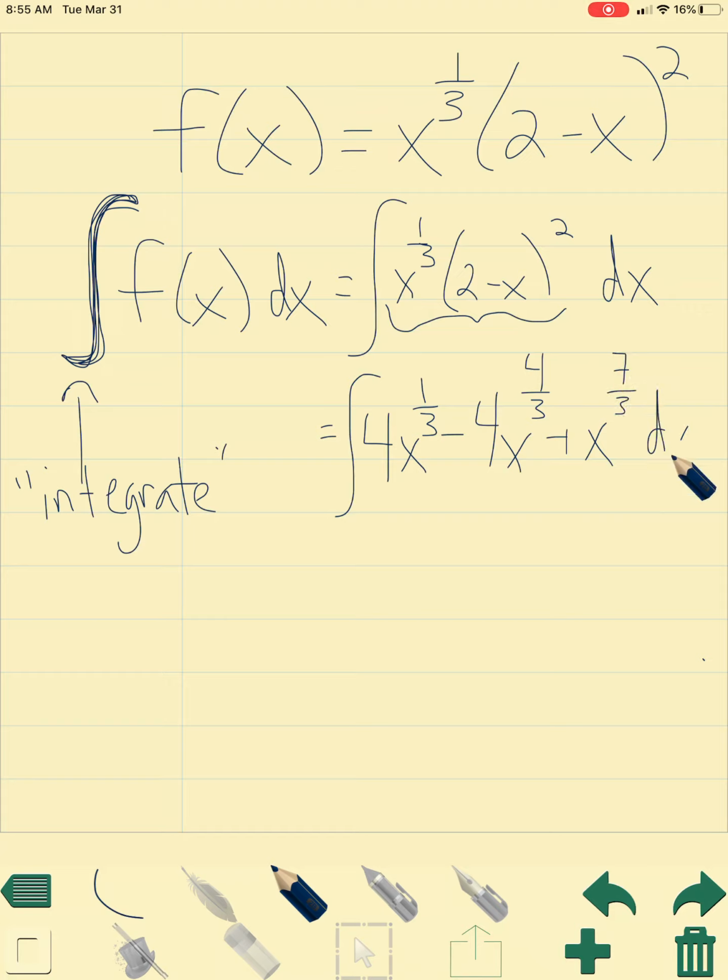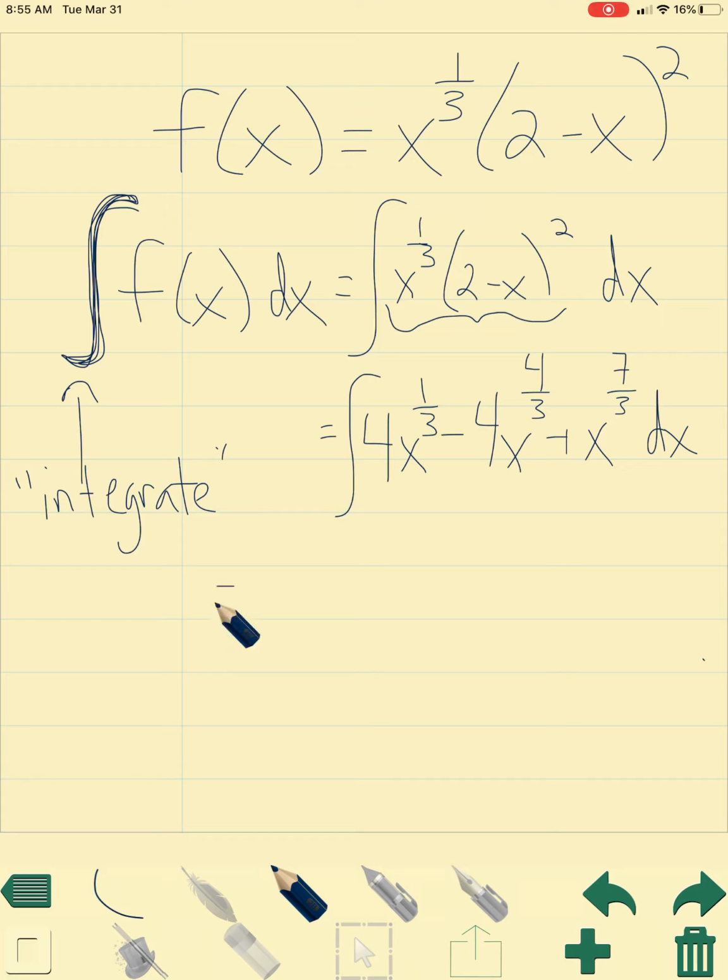That comes from this 2 minus x squared, which is equal to 4 minus 4x plus x squared, and then you multiply them all by x to the 1/3 to get this.